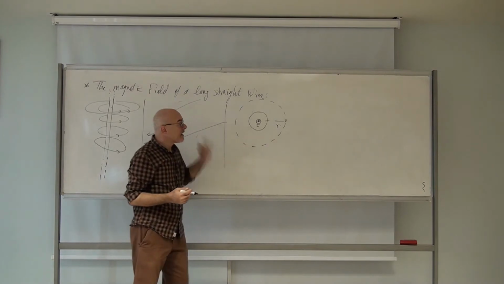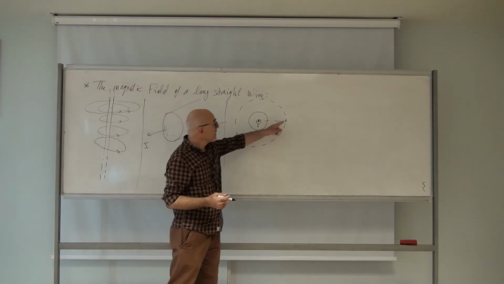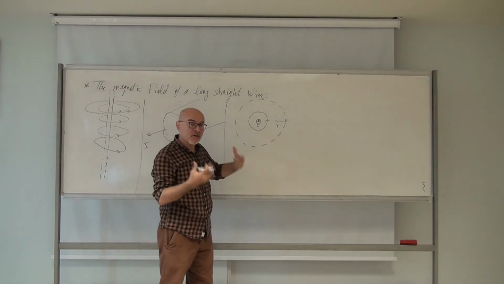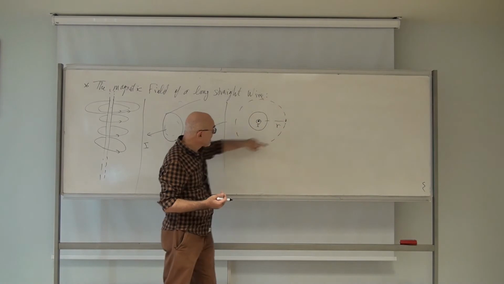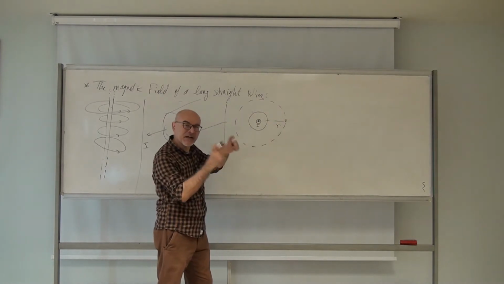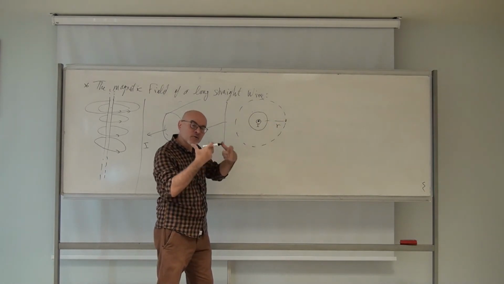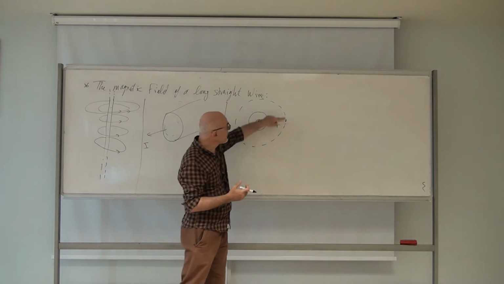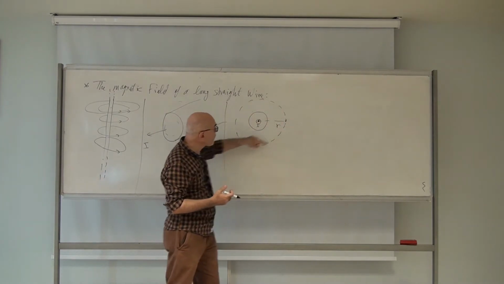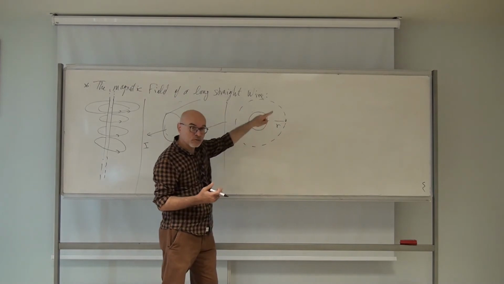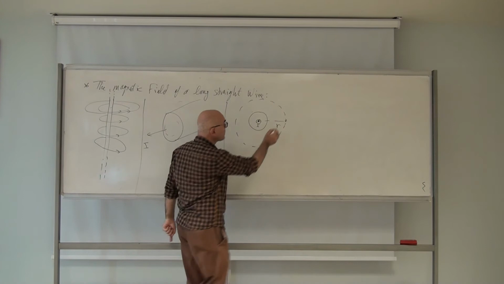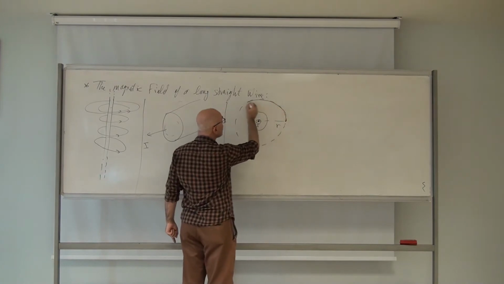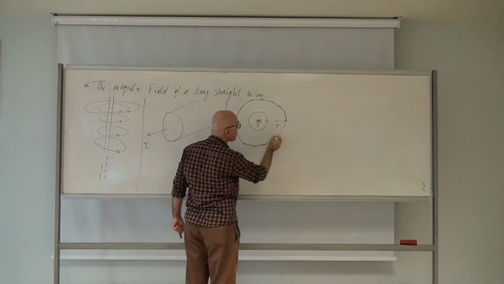I know this. And the importance of this is that if I choose, for the purpose of applying Ampere's law, this magnetic field line itself as my contour, then the magnetic field is uniform at all points on this contour and is tangential to that contour. So let me draw, this is my contour.